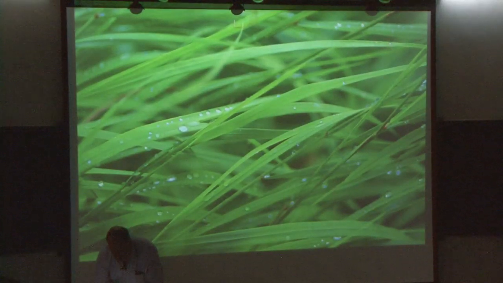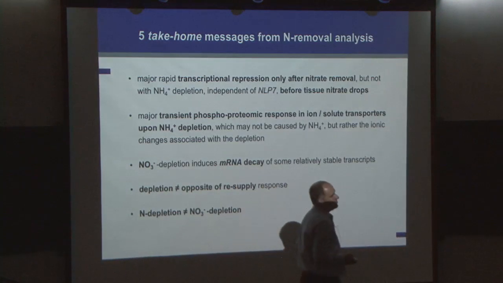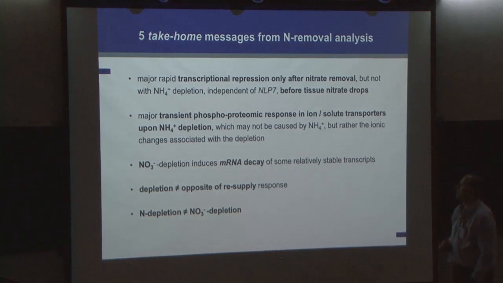Now I do it slide per slide. We first have a look at what you can take as take-home messages from this kind of study. I have 5 points that I want to mention here.